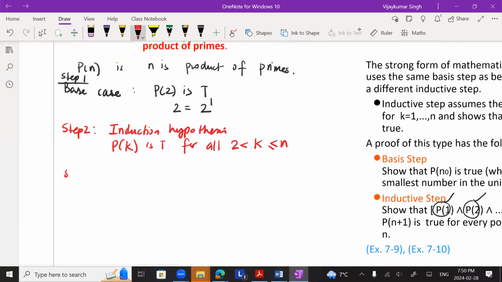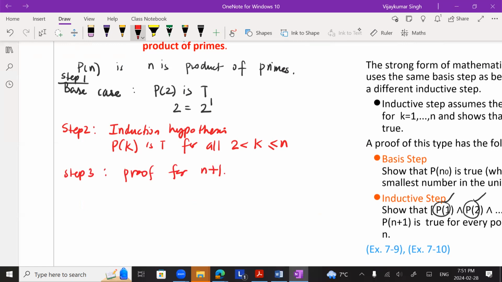Now we need to prove, in step 3, for n plus 1. There should not be confusion that sometimes you're using k, sometimes k plus 1. Here, because I want to enumerate all of them, I'm saying Pk is true for all k.